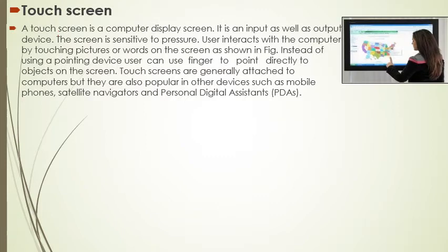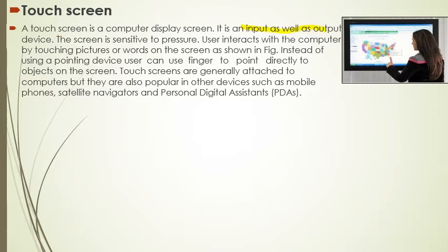The next pointing device is a touch screen. Maybe you are thinking, sir, is a touch screen a display device or a pointing device? A touch screen is basically an input device as well as an output device.